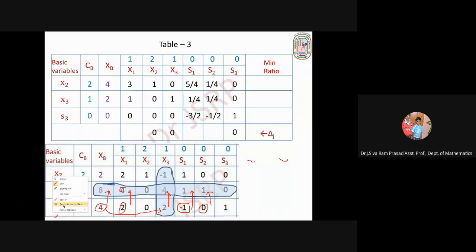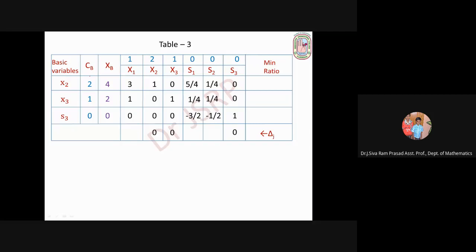Okay. So these are the third row values. Now calculate the delta J values. First delta 1: 2 into 3, 6, plus 1 into 1, 1, plus 0 into 0, 0. That is 2 into 3 is 6, plus 1, 7, minus 1, 6.